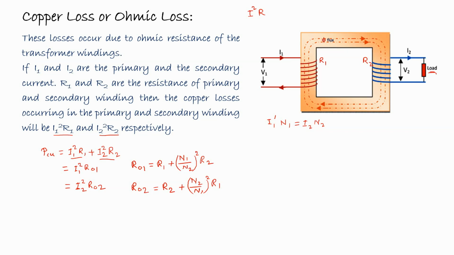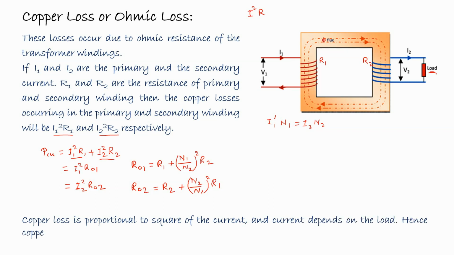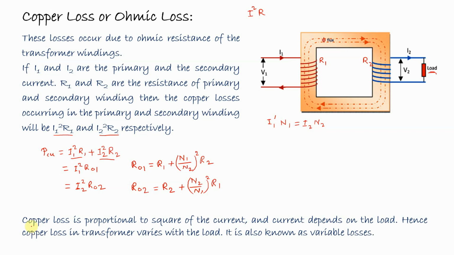So copper loss basically depends upon the load, and it is proportional to the square of the current. Suppose we consider the copper loss as I2 square R02, where R02 will be constant.